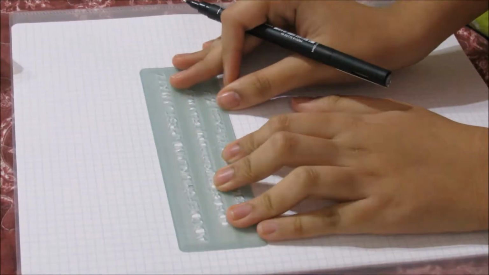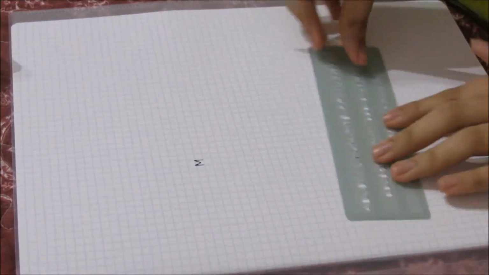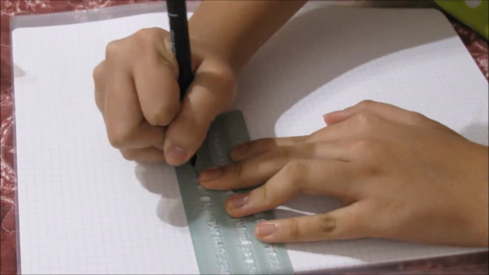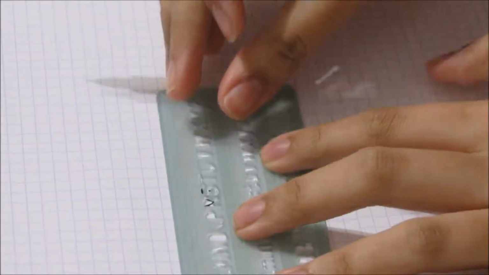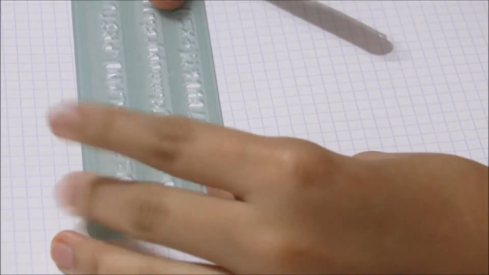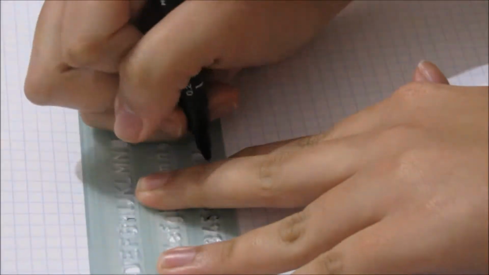So now I'm going to use the smaller stencils, and I'm going to use my Uni Pin fine liner in a 0.6 millimeter tip. And I'm just going to write down the course code for my class. So this is for MTT 202, which is a math class that I have for this semester.